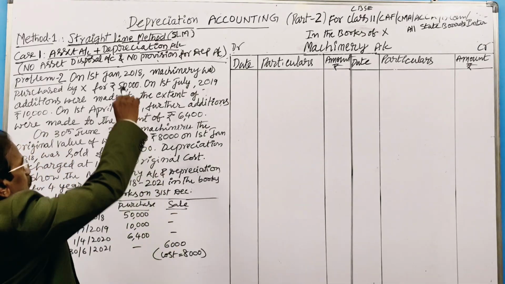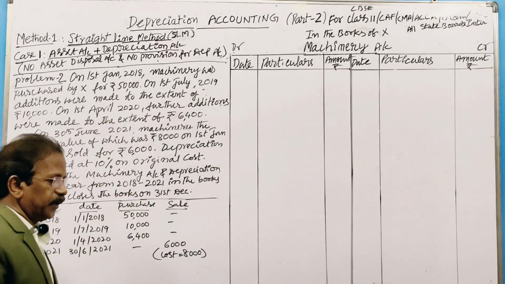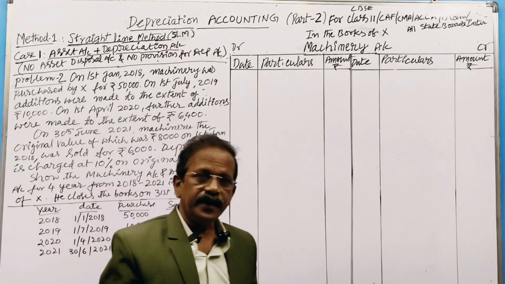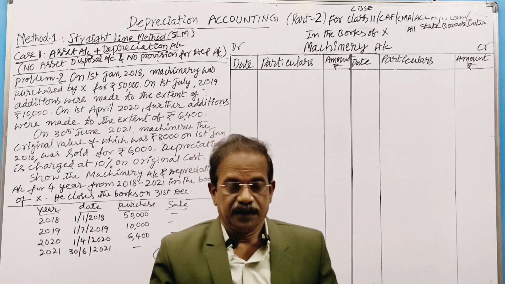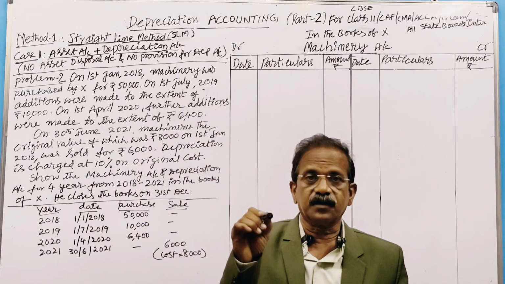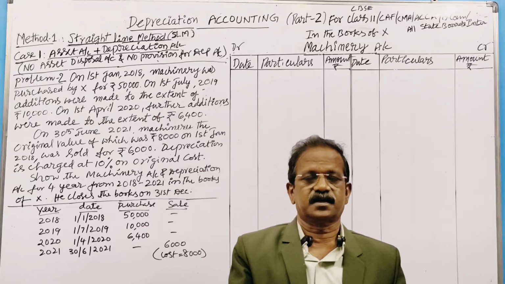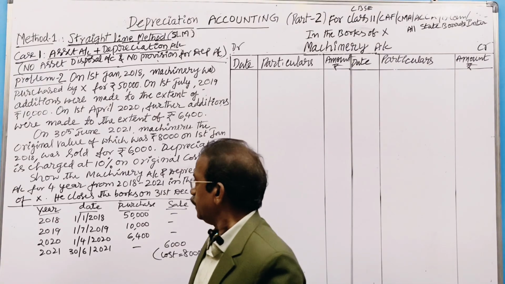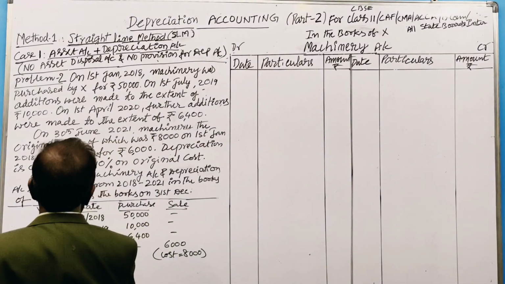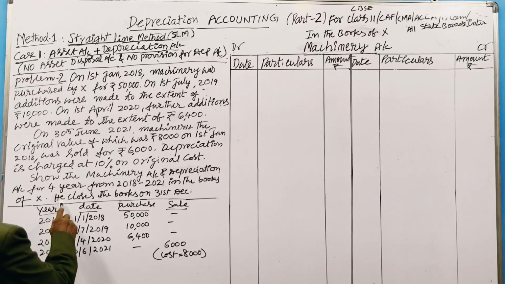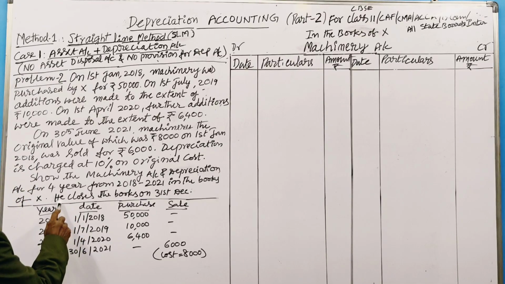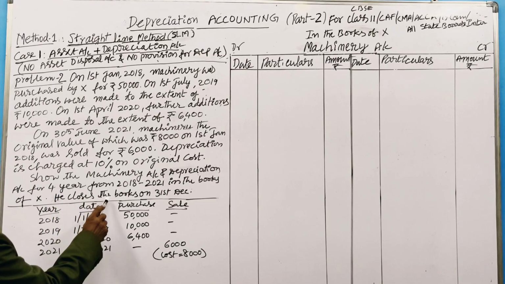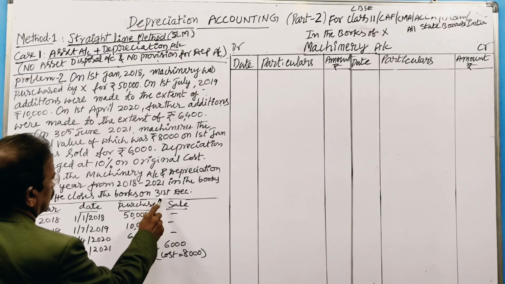But before reading all this, first we have to identify the date of closing of the accounts. That is very important. Here, at the end of the question, the problem says that he closes the books on 31st December.